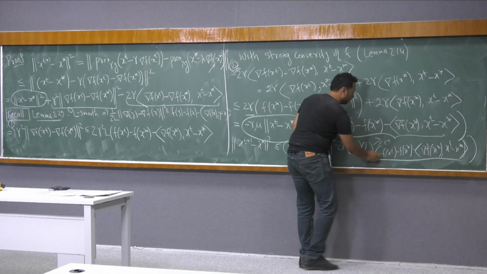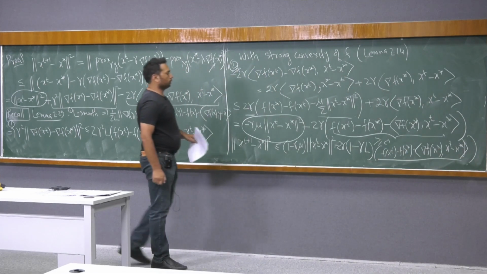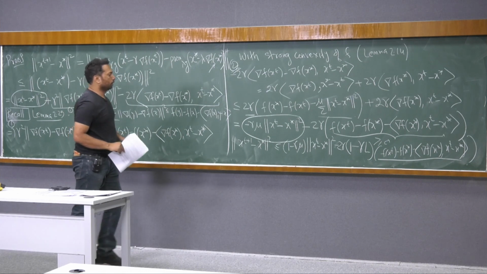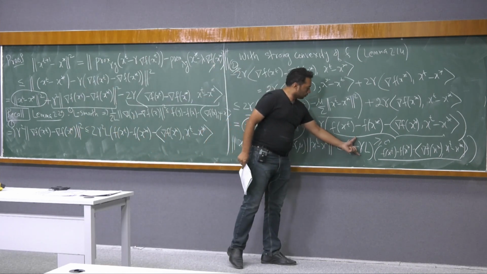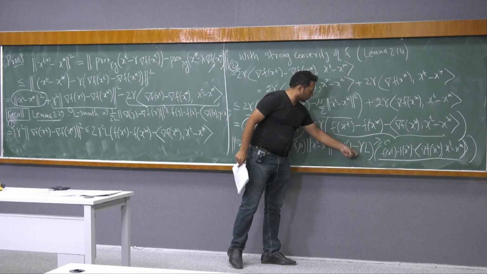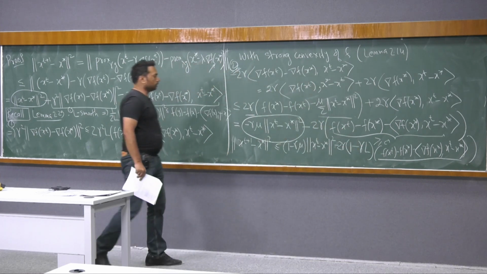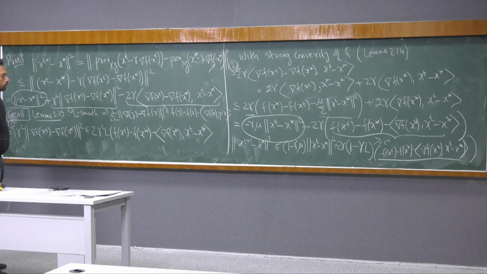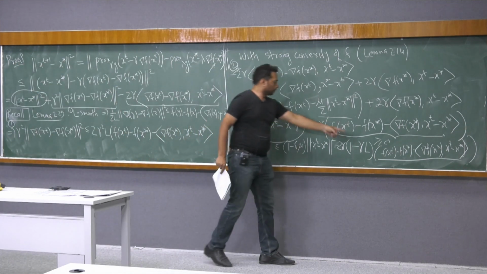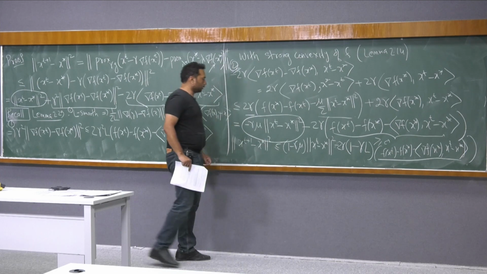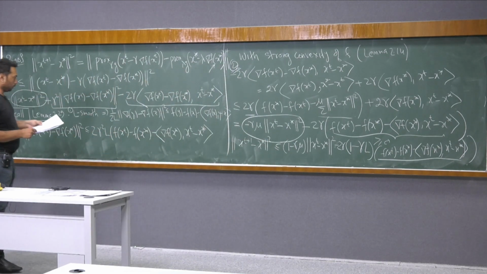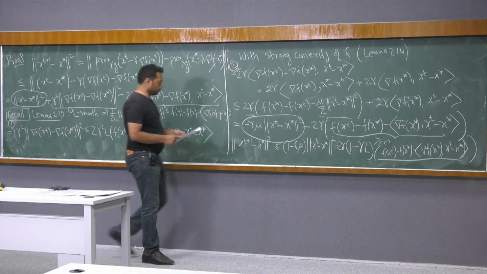This term is positive because f is convex, and this term is positive because gamma is between 0 and 1 over L, so gamma L is less than 1 and greater than 0. So that's overall positive. Overall everything is negative, so we can drop it and it still remains an upper bound. So that's the proof of this.